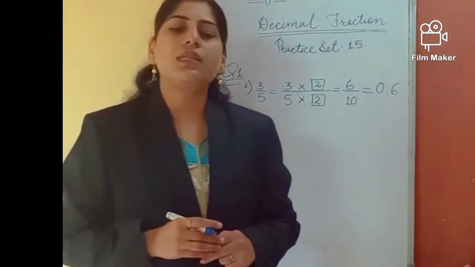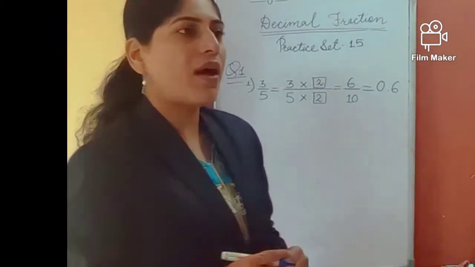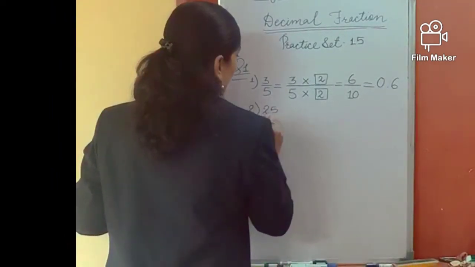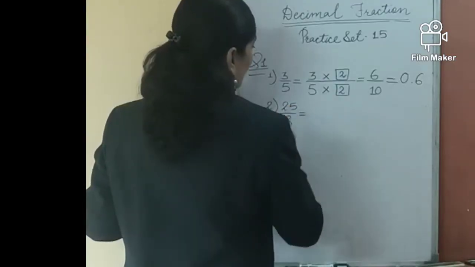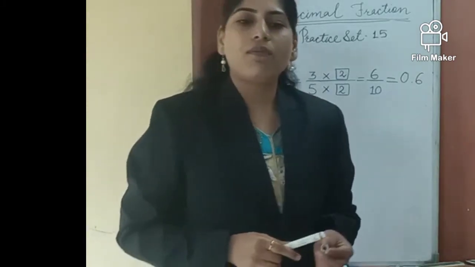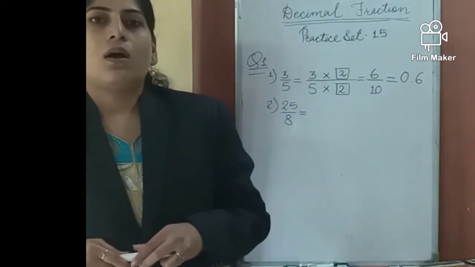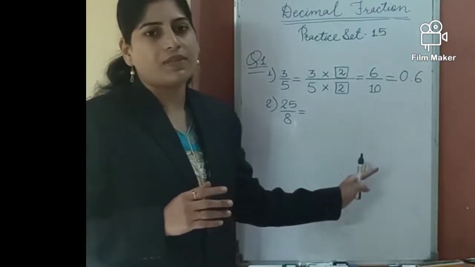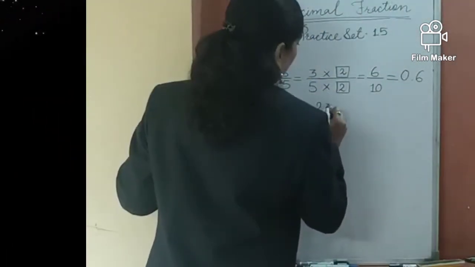Okay children. Now see the next question. Next question is 25 upon 8. So 25 upon 8 here already denominator is multiplied by 125 is given. Okay, let us see.